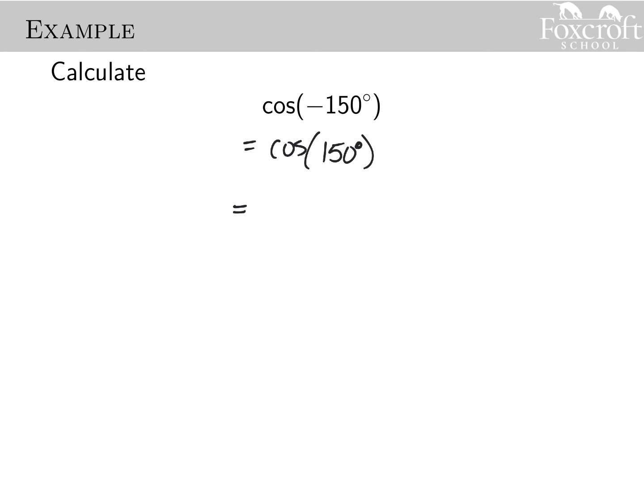And cosine of 150 is related to the 30-degree angle. And this is going to give us negative square root 3 over 2. All right, so this last step I've been doing for a while. How do you figure out cosine of 150? You use your reference angle, and it's in quadrant 2, so you get negative. But the important thing is that this first step is the new thing. We can make the problem a little bit simpler by just getting rid of this negative angle.